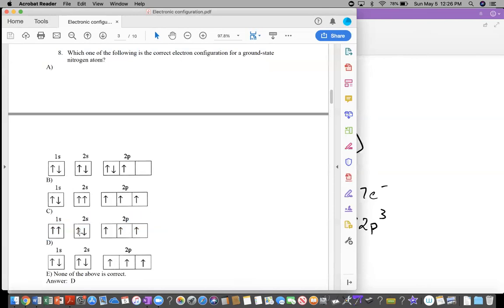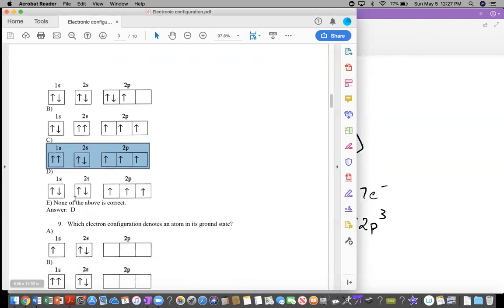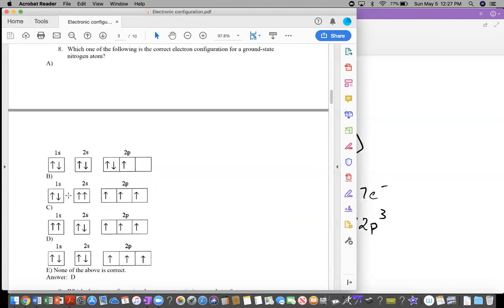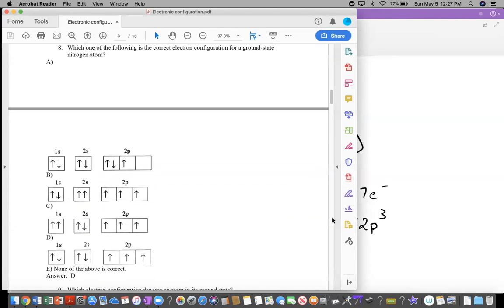And what about C? The problem is here. You see the first one? It's going in the same direction. We don't want that. Or D, actually. This is the D option. This one looks right: 1s2, 2s2, 2p3. So that's why D is the correct one. Okay. Just wanted to make sure on that.